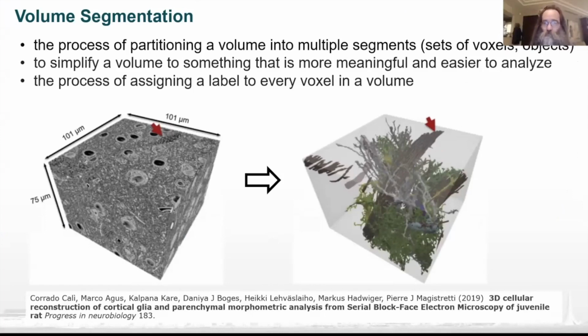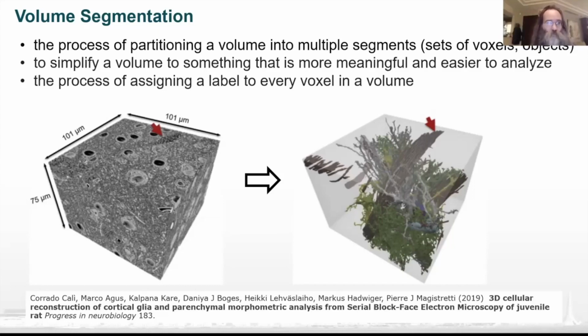It took a lot of work and a long time to segment this volume. It takes quite some domain expertise to understand what the data really represents and what the actual objects are in there. That's what volume segmentation is about: to simplify the volume to something that is more meaningful and easier to analyze.